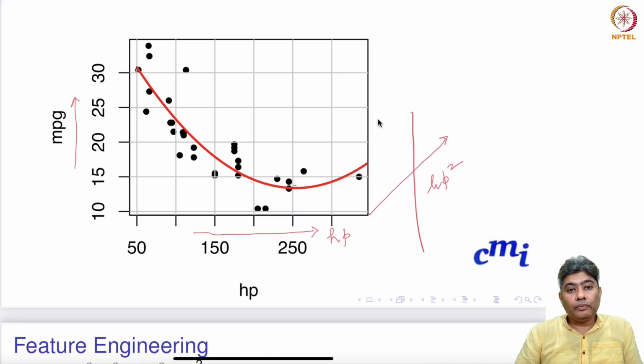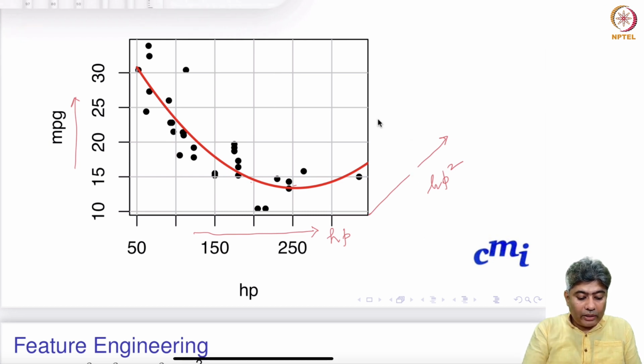It's not linear. It looks like they have some kind of non-linear relationship. And if they have a non-linear relationship, then it is better that we use the feature engineering technique.